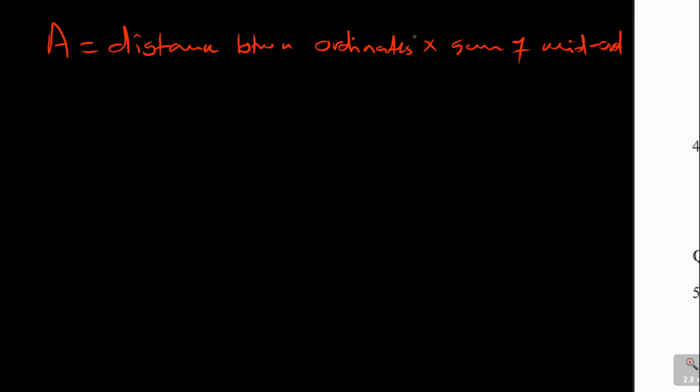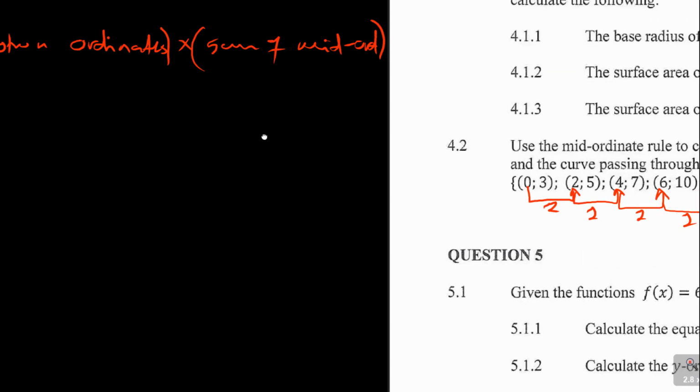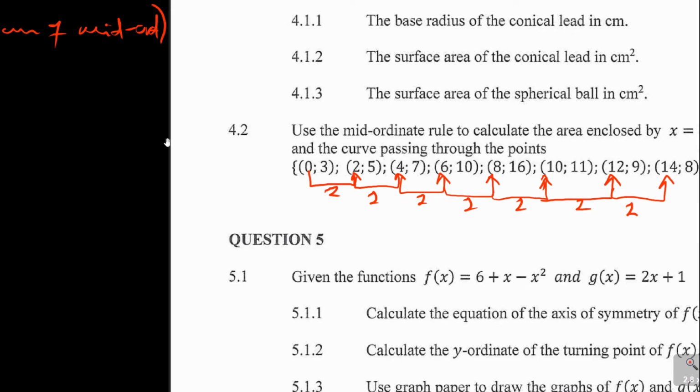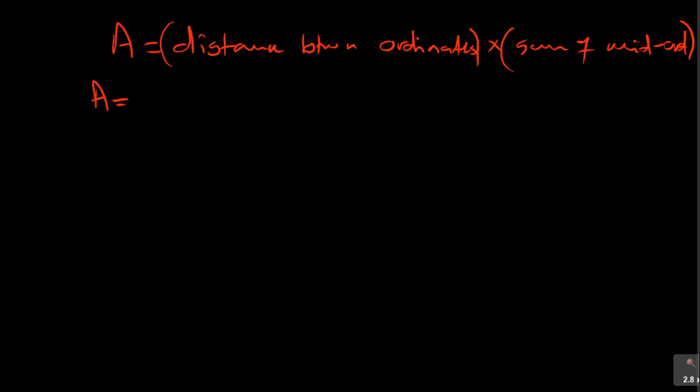Let me write this formula. So if I come here, I'll say area is equal to distance between ordinates times sum of mid-ordinates, like that. So area is equal to, that is the distance. Look at the distance, it's consistent, it's 2. So that's why you're writing your 2 there.